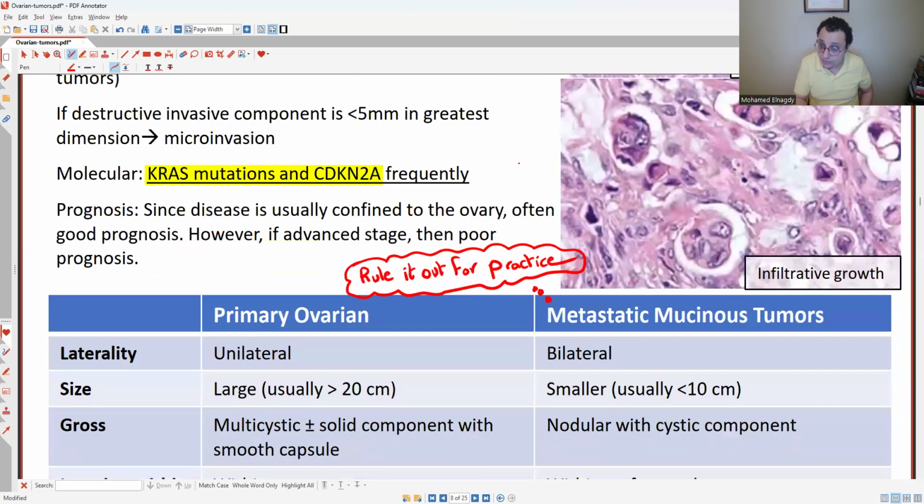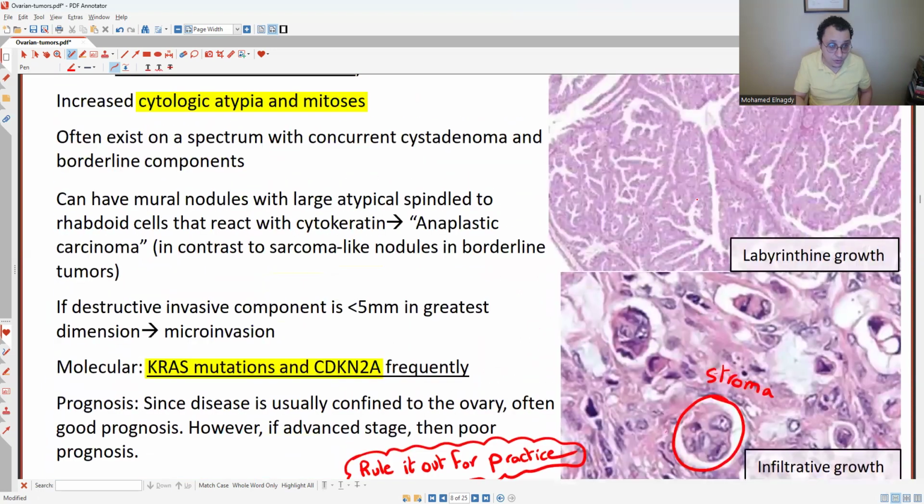See here? This is high power of the stroma, and these are the cells invading or infiltrating the stroma. See how high grade these cells are? There is a very prominent nucleolus, nuclear pleomorphism, and a high N/C ratio.